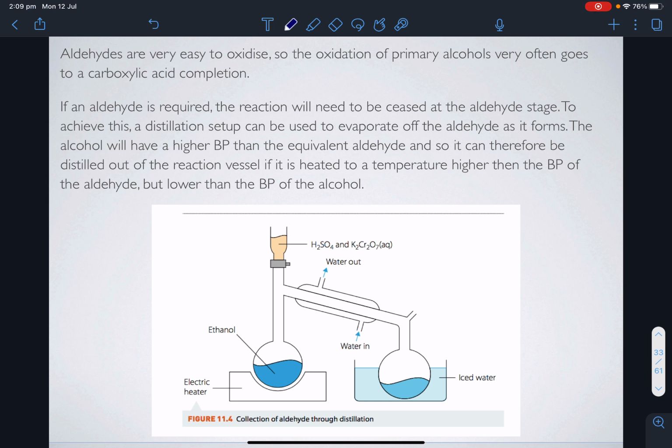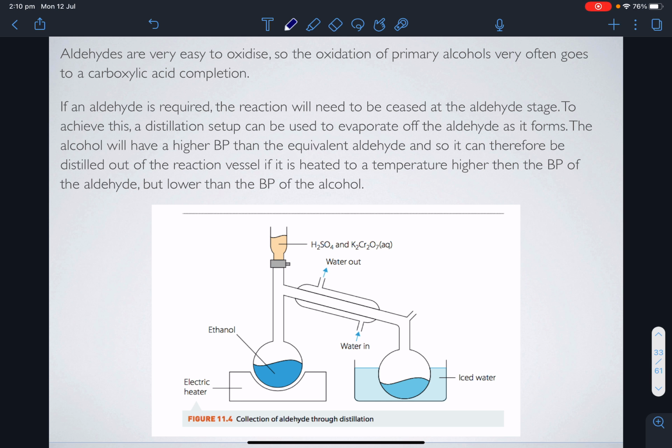Here's the best way to do it. If you want an aldehyde, you've got to use a separating technique. A distillation setup can be used to evaporate off the aldehyde as it forms. You can do that because the aldehyde doesn't have hydrogen bonding between its molecules, so it will have a lower boiling point than both the alcohol and the carboxylic acid, which both have the conditions for hydrogen bonding.